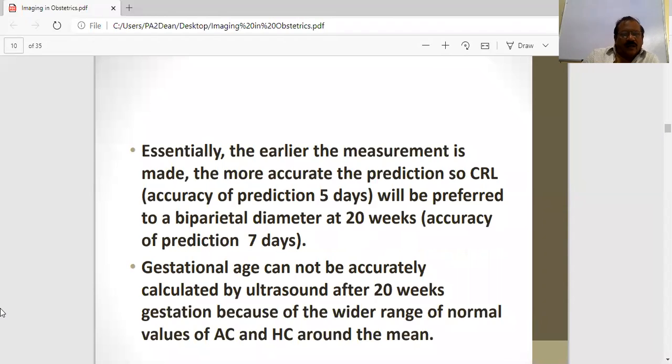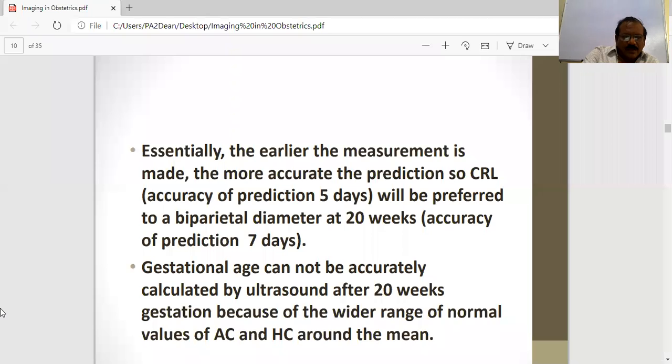The earlier the measurement is made, the more accurate the prediction. With CRL, the accuracy of prediction is 5 days, compared to biparietal diameter at 20 weeks, where the accuracy of prediction is 7 days.